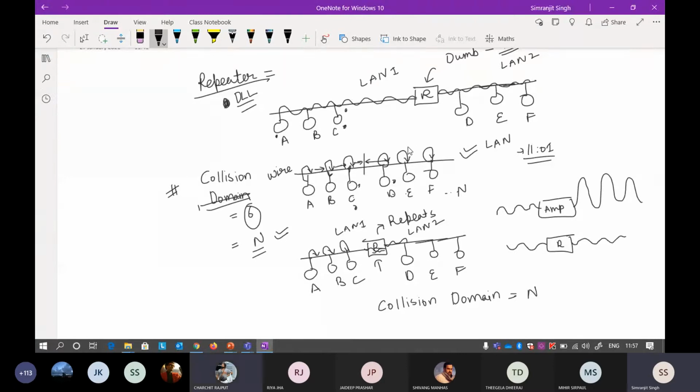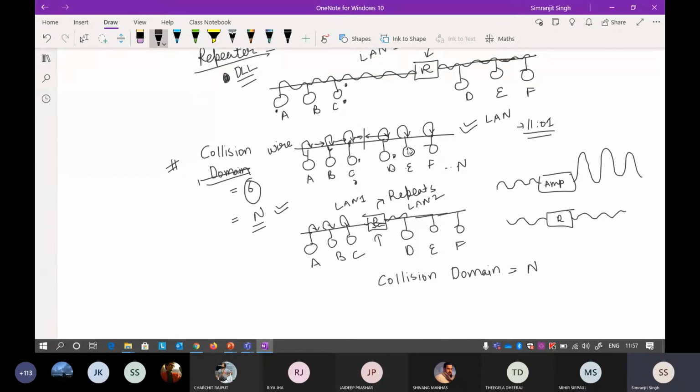You should put the repeater where you know the signal will not get weak. If the signal gets weak and you put a repeater, I don't think there will be any use, because it repeats the same weak signal. So it's very important that you identify the place to put the repeater.